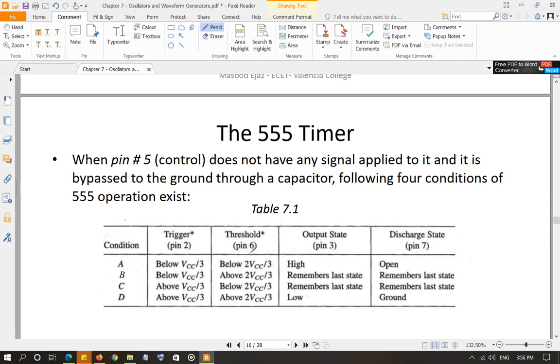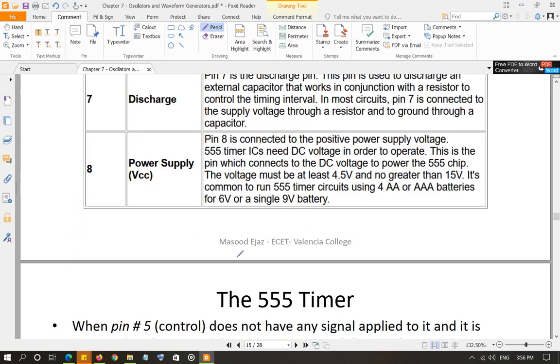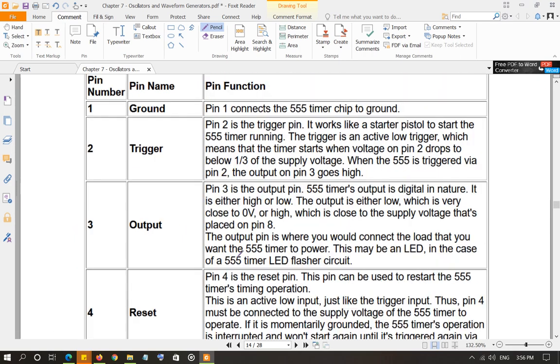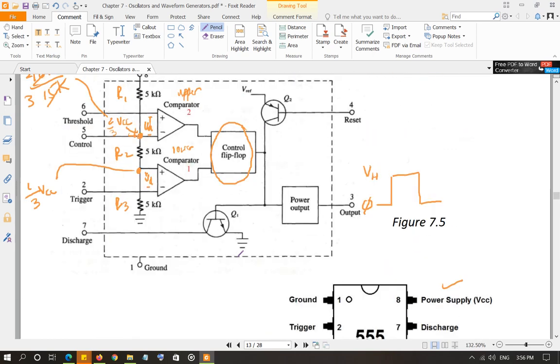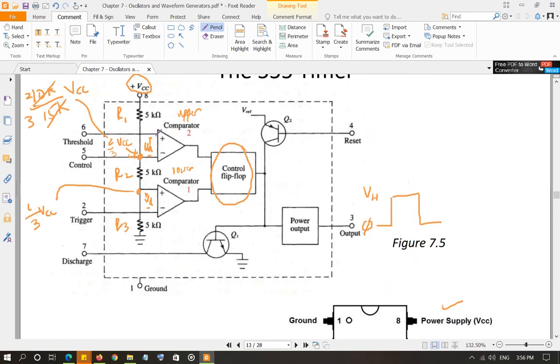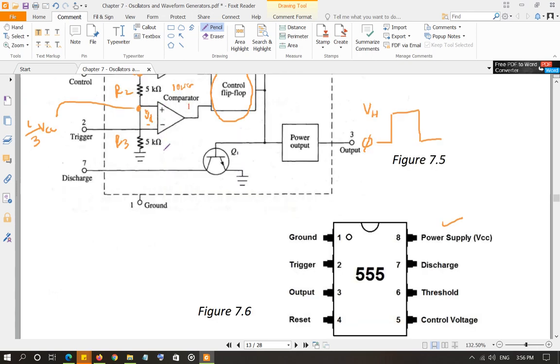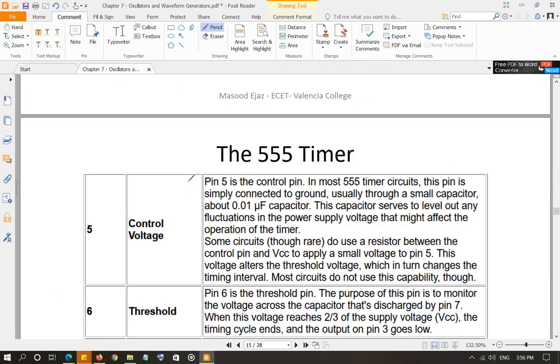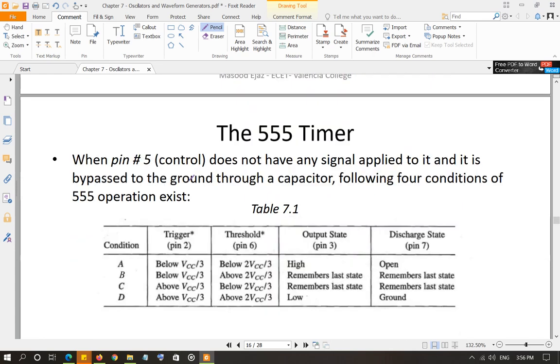Threshold is the non-inverting input of your upper comparator, right? Non-inverting or inverting? Let me check. I think it's inverting. I may be wrong. No, non-inverting. Okay, so it's the non-inverting input of the upper comparator. So if the threshold voltage is greater than 2/3 of VCC, the output of the upper comparator is going to be high.